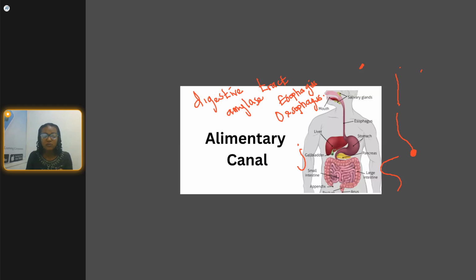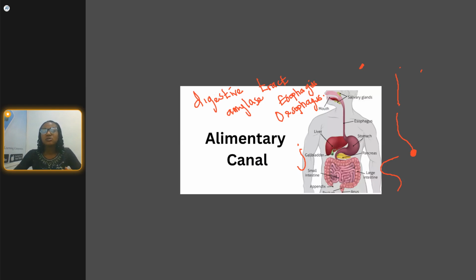It also absorbs nutrients into the blood from the food that you have eaten. When the food comes from the stomach to the small intestine, it absorbs the nutrients in the food that you have taken in.